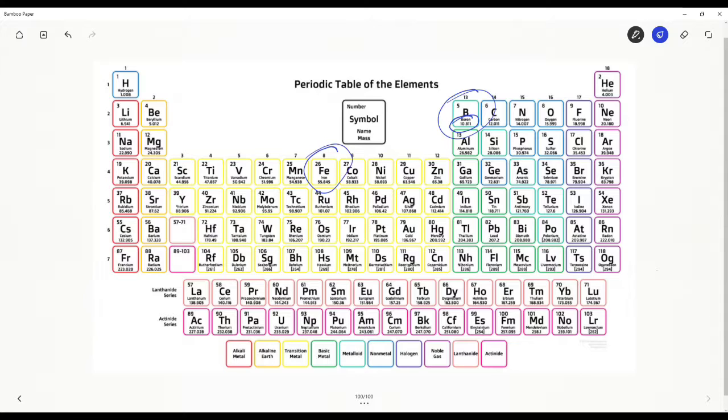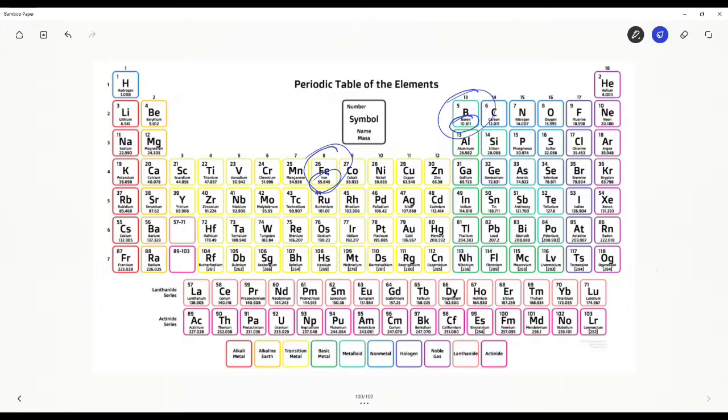So let's take a look at iron here. If I want to weigh out 1 mole of iron, I need to weigh out 55.845 grams of iron. Now that means I would have the same number of atoms that I did for boron. Again, I would have Avogadro's number, 6.022 times 10 to the 23rd atoms.